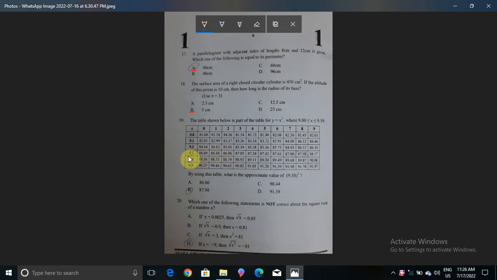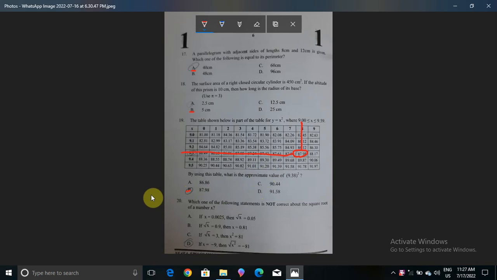Here we have 9.3 and we have 8 here, so they are meeting here. So the answer will be 7.98. 7.98 is the correct answer.